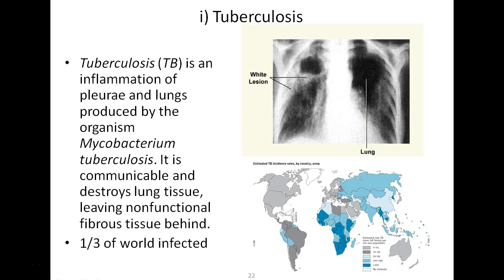We can prevent this through vaccinations for tuberculosis, and we can see from this map in the lower right that in the Western world we have dramatically reduced levels of tuberculosis, but still 1/3 of the world is infected by this common respiratory malfunction, where lung tissue gets destroyed permanently, leaving a non-functional fibrous tissue in its wake.